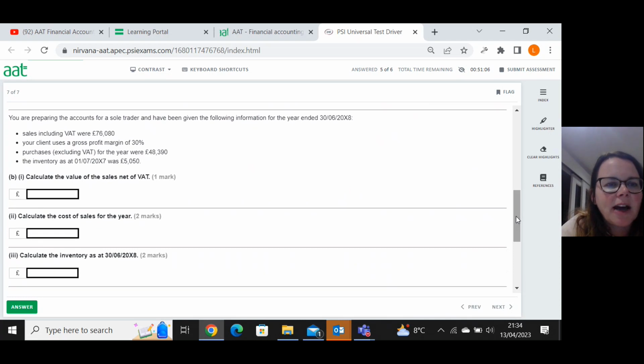You are preparing the accounts for a sole trader and have been given the following information. So I can see straight away this is a margin question. So calculate the value of the sales net of VAT. Sorry, just get my calculator back.